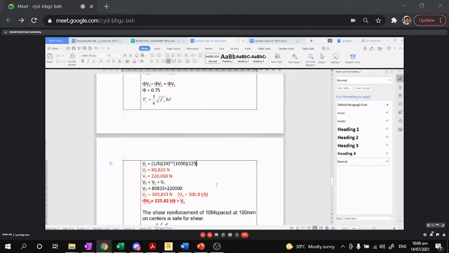So PBC alone is already 102. That is 102.062 Newton, or equivalent to 102.062 kilonewton.